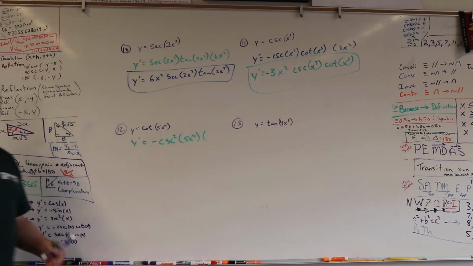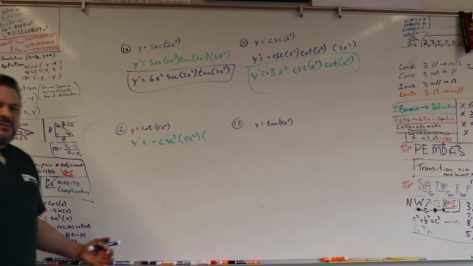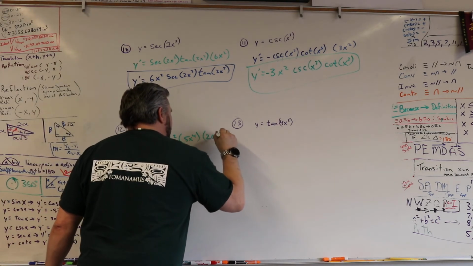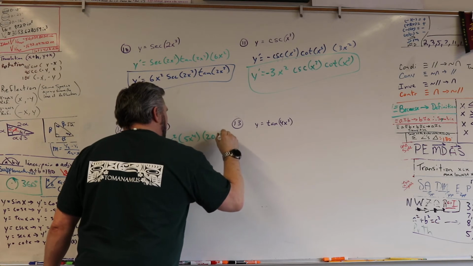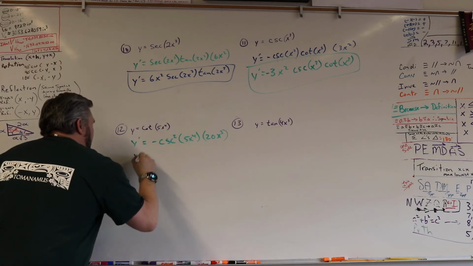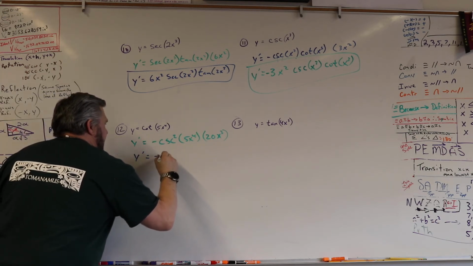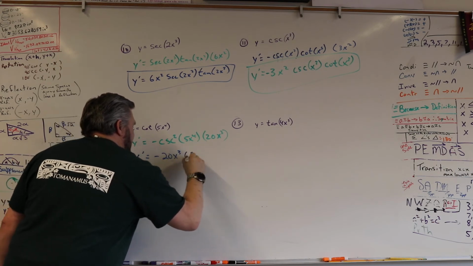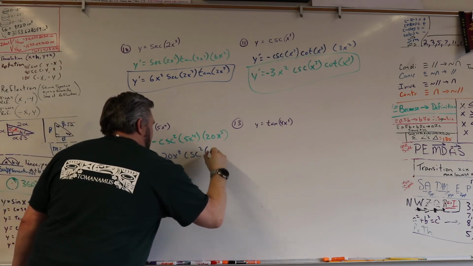And then what is the derivative of 5x to the fourth? That's 20x to the what? Third. Good job. All right, you guys are getting it. Now y prime is equal to negative 20x to the third times the cosecant squared of 5x to the fourth.